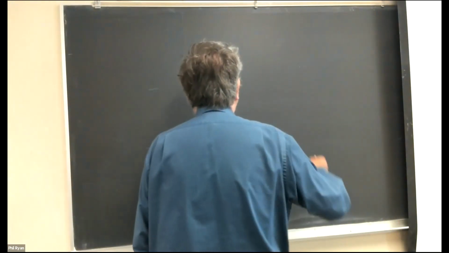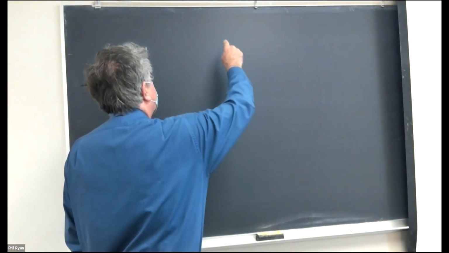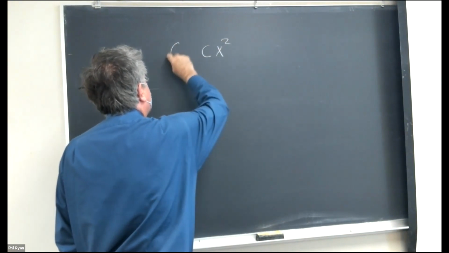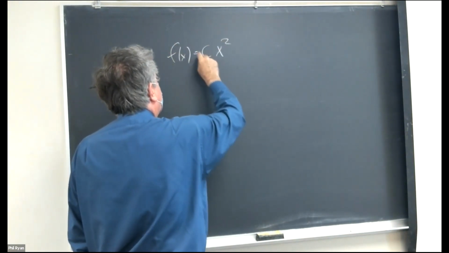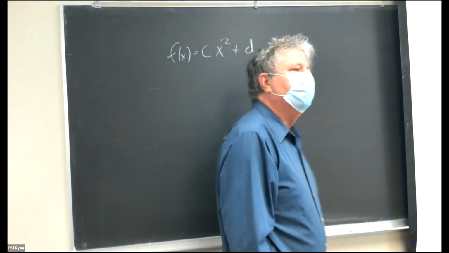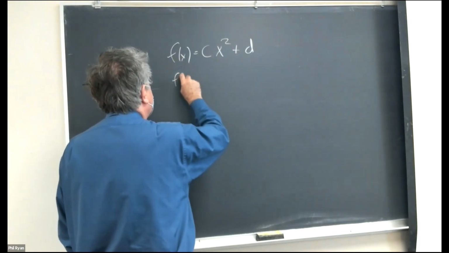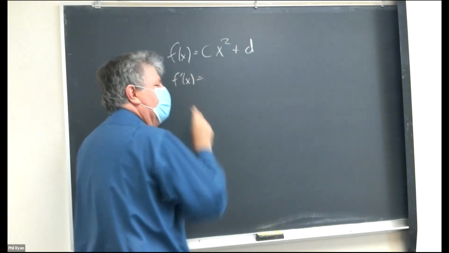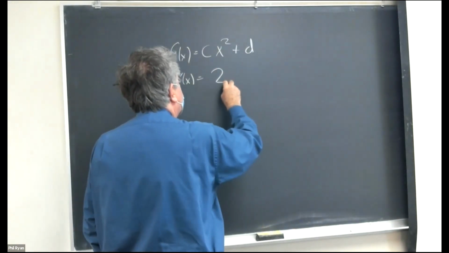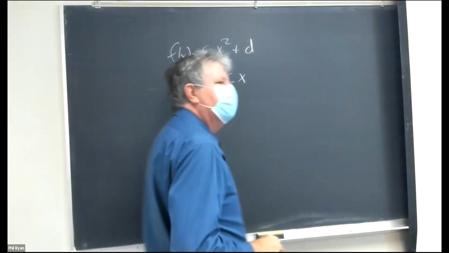we know that if, for example, we had a function cx squared, right, if we take the derivative of this, it is just the normal derivative that we're talking about, the answer would be 2cx.